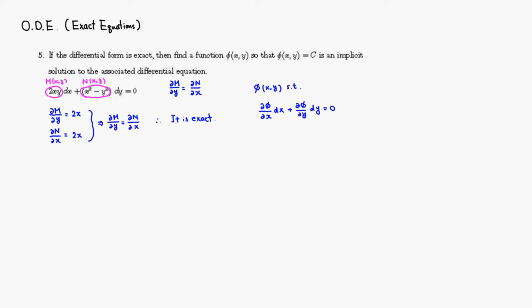So we just need to match the partial of phi with respect to x with M, and the partial of phi with respect to y with N. So the partial of phi with respect to x is equal to M, so you have 2xy.